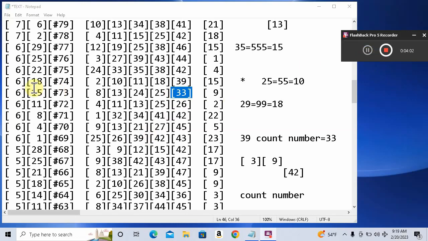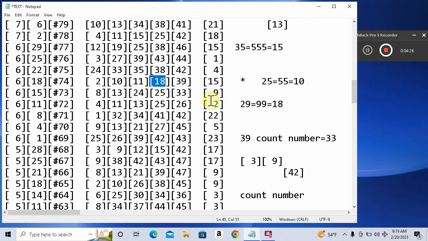I want to talk about the 18. Notice how the 18 is on the same line right here. So that number is potentially a number that could play out. As you can see right there, there's the 18. Now, the reason why the 18 got played out is because of the 29, this is 29 right here. See? And it helped to create this number.